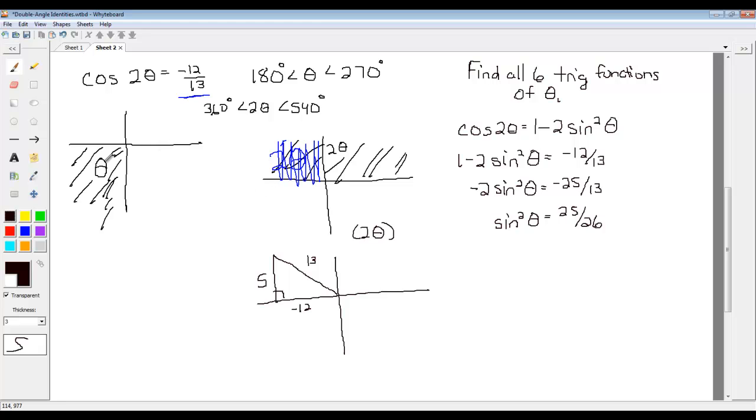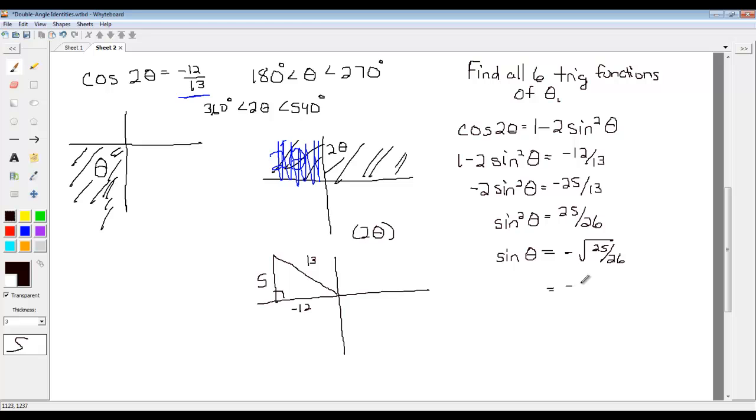Now since theta is in quadrant 3, where only tangent is positive, we're going to do the negative square root because of the fact that we're in quadrant 3.